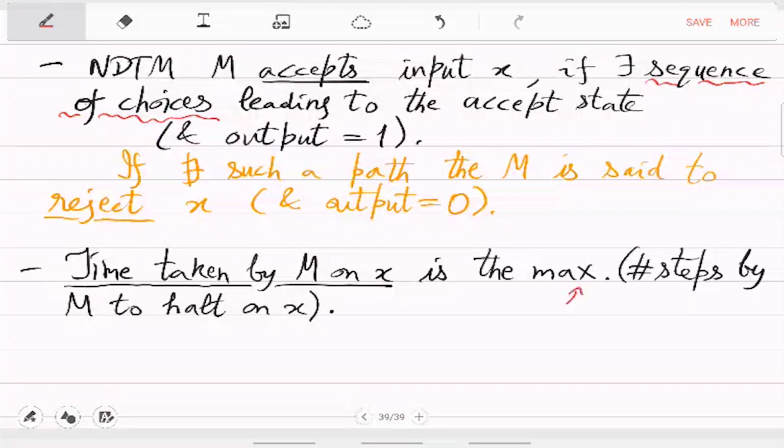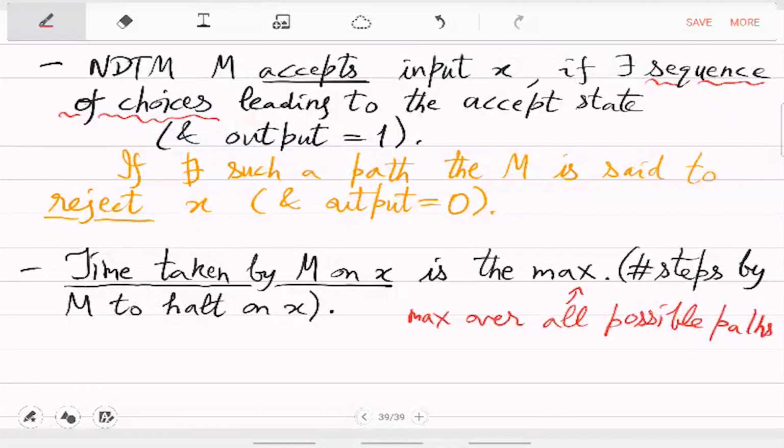Because remember, if X is a no string, then you have to go over all the paths and see that all of them are rejecting. So actually this is a maximum over all possible paths. Okay, and based on this, we'll redefine NP next time.